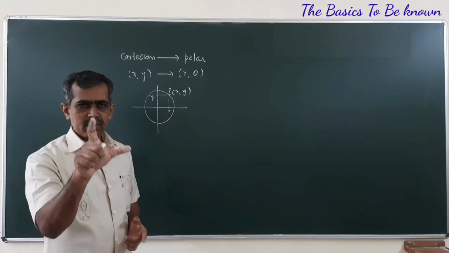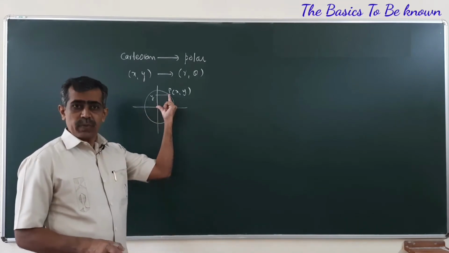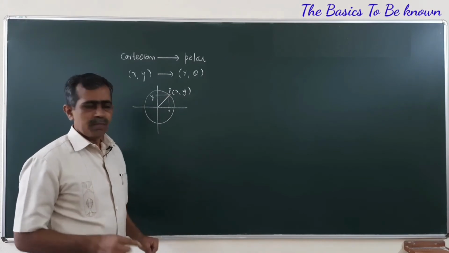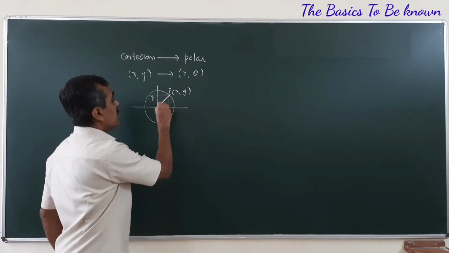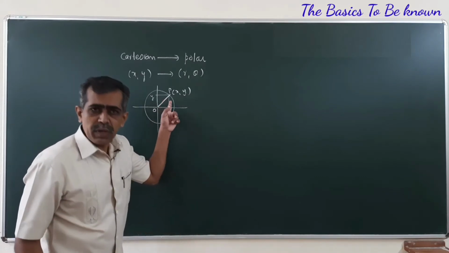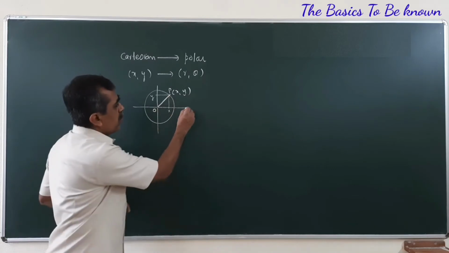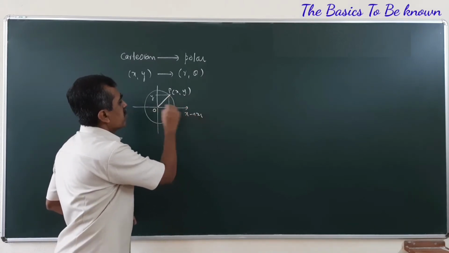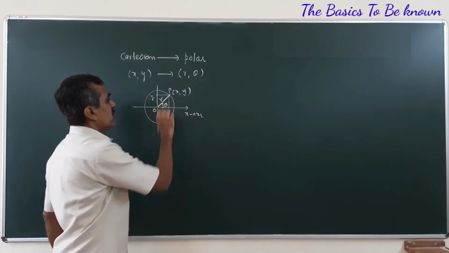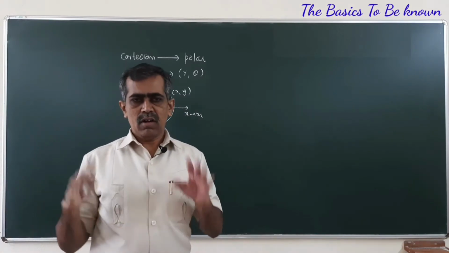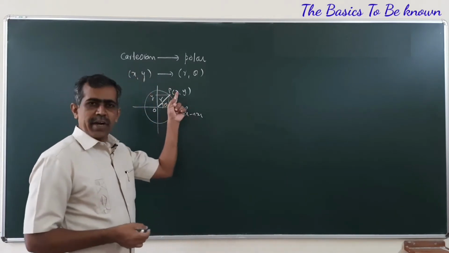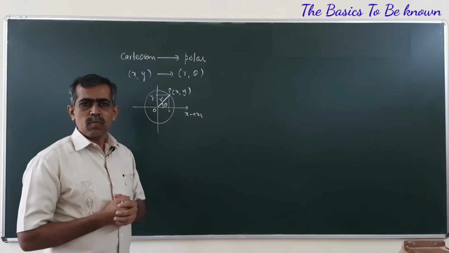What is r? It is the radius vector of point P, and theta is the angle made by the line segment directed from the origin to P with the positive direction of the x-axis. So the ordered pair r, theta is another identity of a point whose Cartesian coordinates are x, y.